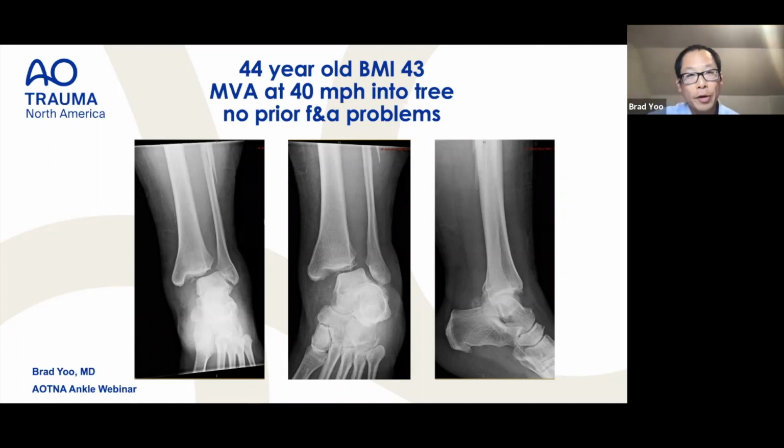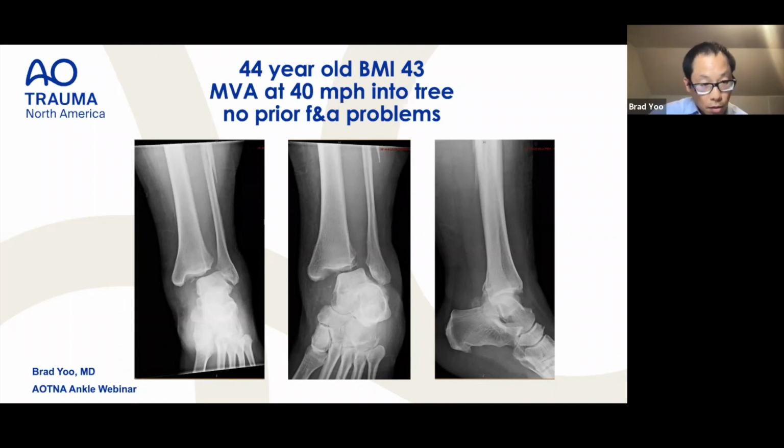So this is a 44-year-old lady. She's heavy set, and she had a car accident, and she never had any problems before that she knew about. But because of her size, she has associated pes planus and a lot of acquired flat foot. She has this injury, which I think everybody in the audience is relatively familiar with: high fibular fracture with some syndesmotic widening and medial capsular injury, and lateral translation of the talus.